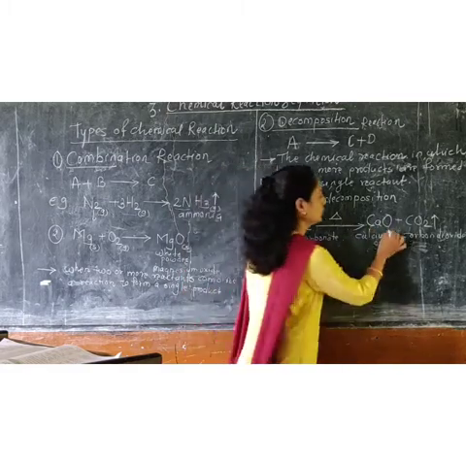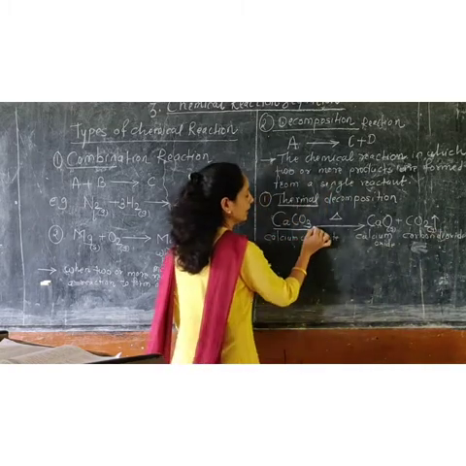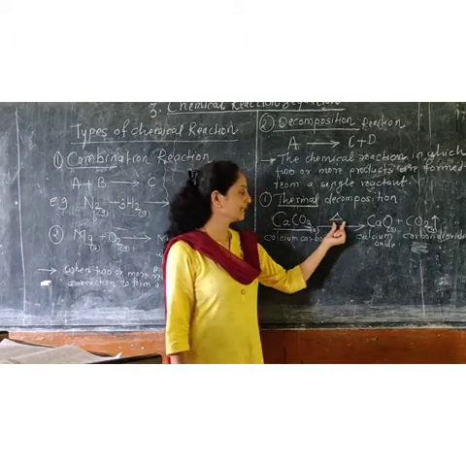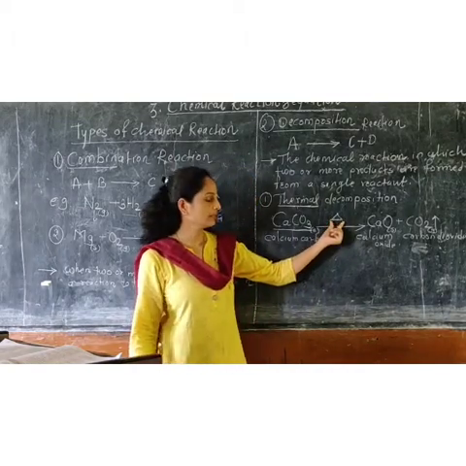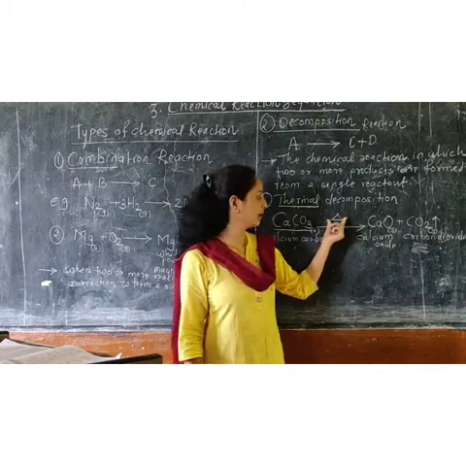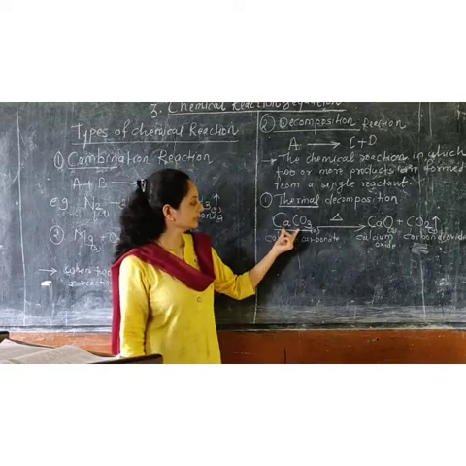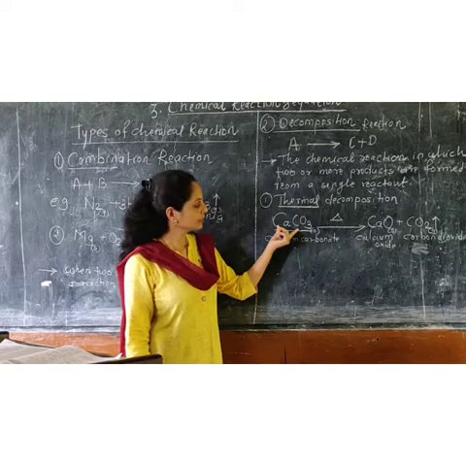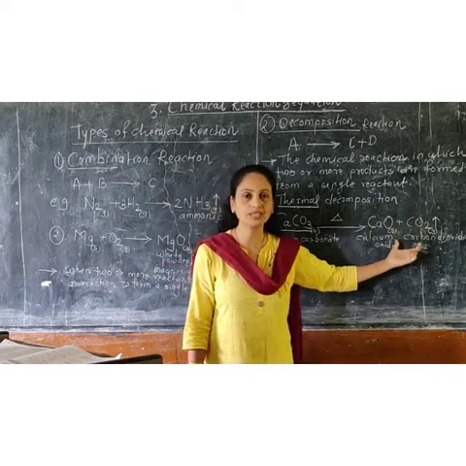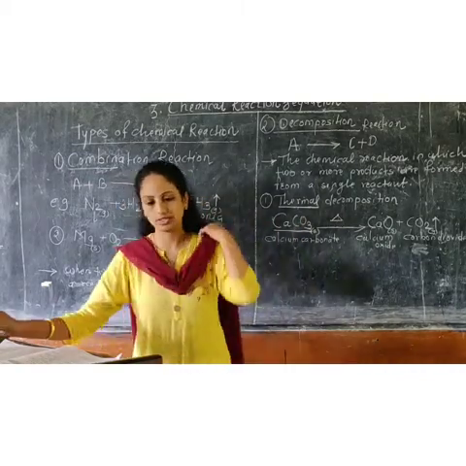CaO is in solid form, CO2 is in gaseous form, and calcium carbonate is also in solid form. In this reaction, heat is given, therefore the triangle is written on the arrow. So a single reactant is broken down to form two or more products: a decomposition reaction.